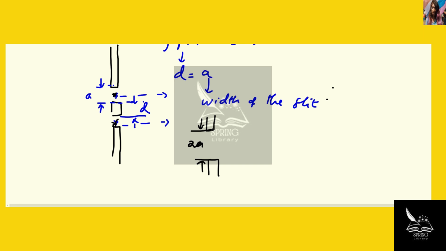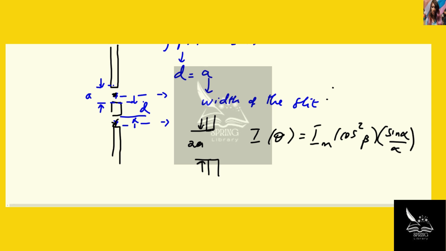in width. So our goal in this particular problem is to show the equation, if the intensity is equivalent to Im cosine squared beta sine alpha over alpha squared.